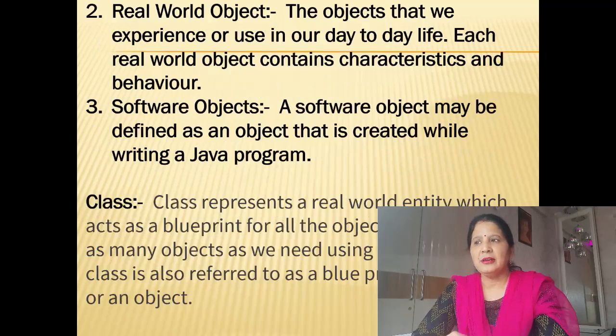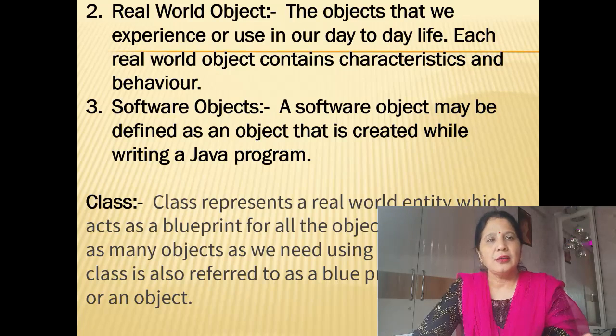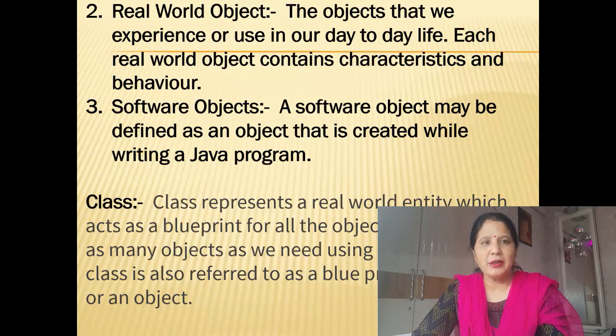Now, second, real world object. What is a real world object? The object that we experience or use in our day-to-day life is known as a real world object. Each real world object contains characteristics and behavior. Real world objects are things like a table, chairs, any things which we are using day to day in our life.